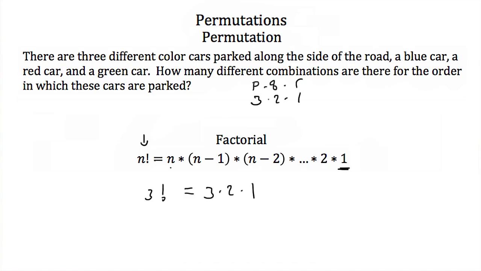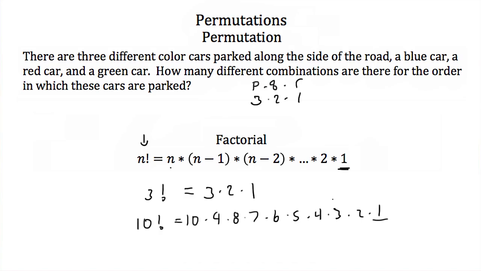N would be 3, n minus 1 would be 2, and n minus 2 would be 1. Now if we had a bigger number, say 10 factorial, then that would be equal to 10 times 9 times 8 times 7 times 6 times 5, 4, 3, 2, and 1. You always take it down to the 1.